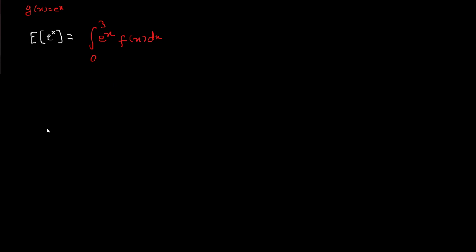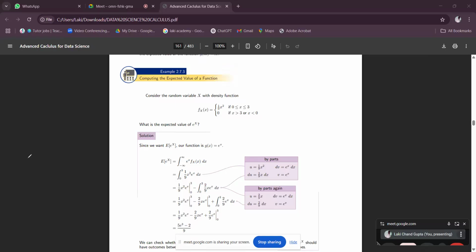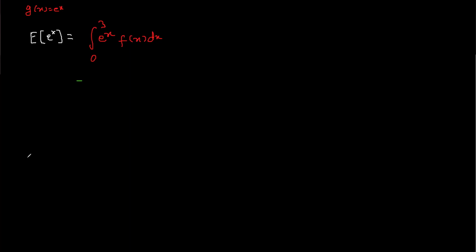Now we integrate by integration by parts. What is the value of fx? 1 by 9 x square. One by 9 is constant.